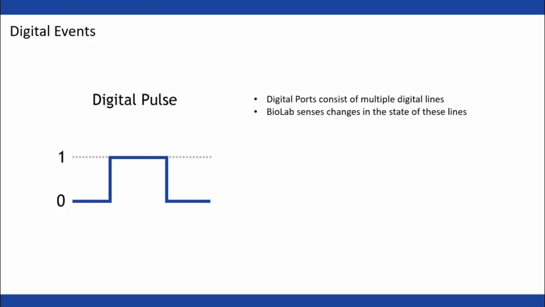And we're going to look at that as 0 or 1, 1 being on and 0 being off. Digital ports consist of multiple digital lines, and depending on the type of hardware you have, more or less of those are available. BioLab is going to monitor the states of these lines, and it's going to sense when they change. And a change in a digital line means that an event has been marked.